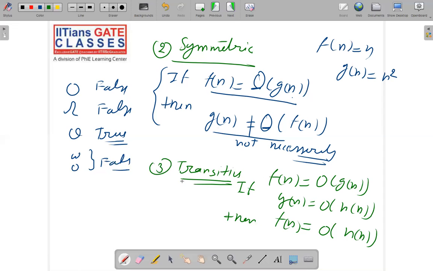So in this case, transitive property is true for all the notations. It is true for big O, omega, theta, small omega, and small o also. True.